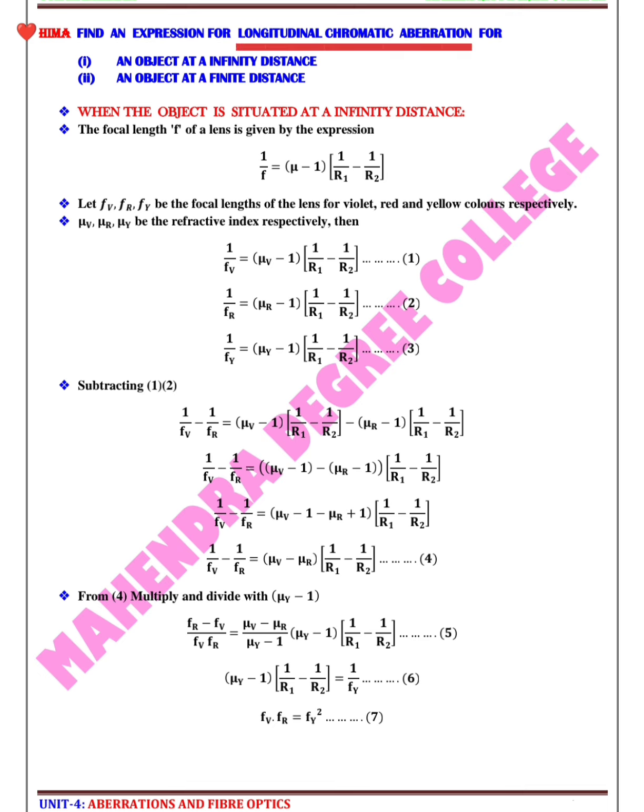What is longitudinal chromatic aberration? Longitudinal chromatic aberration occurs when different colors of light focus at different distances along the optical axis of a lens.